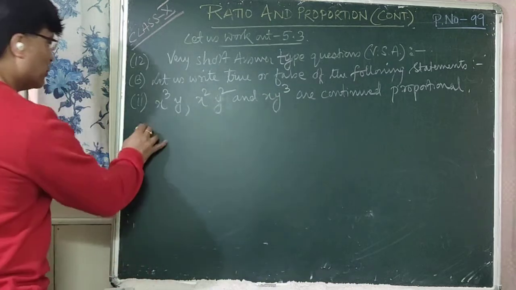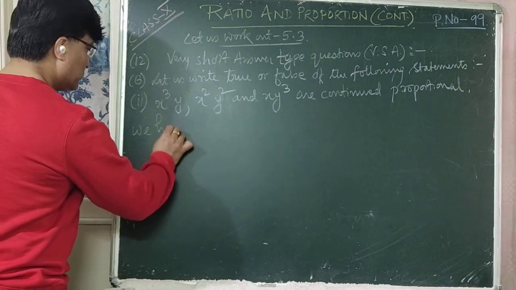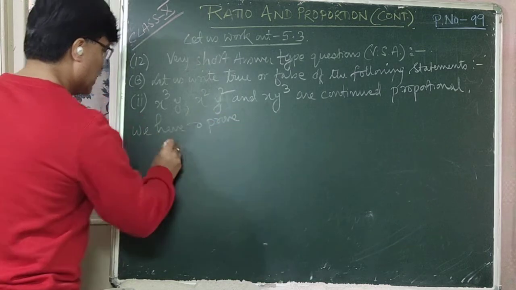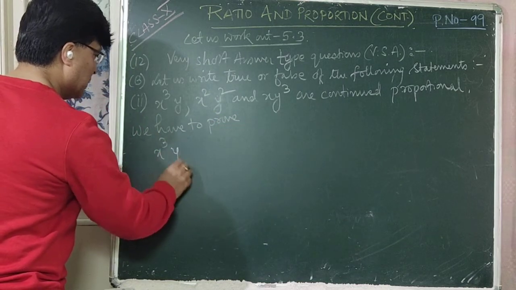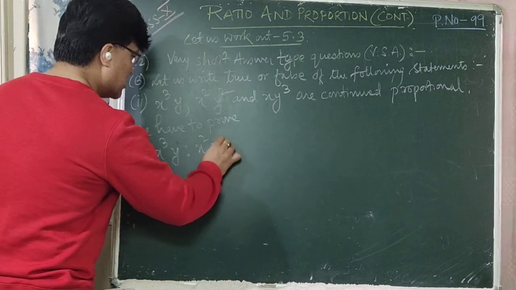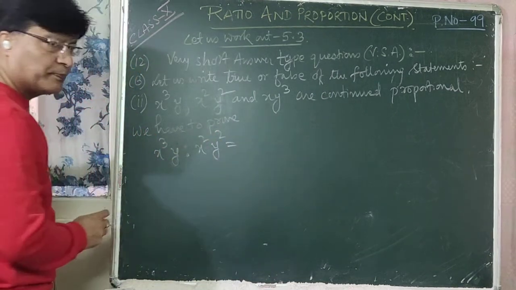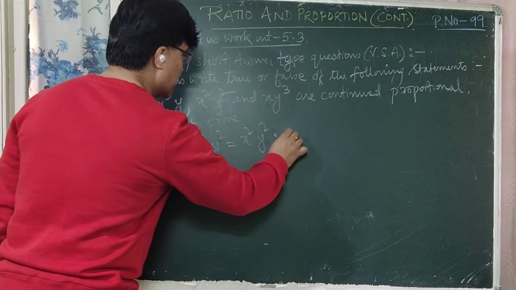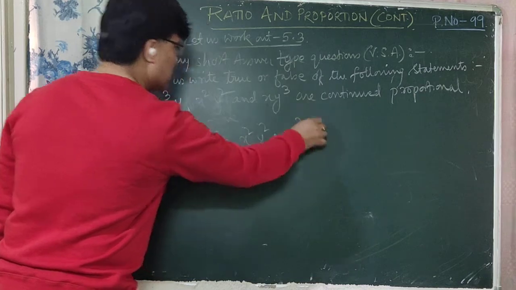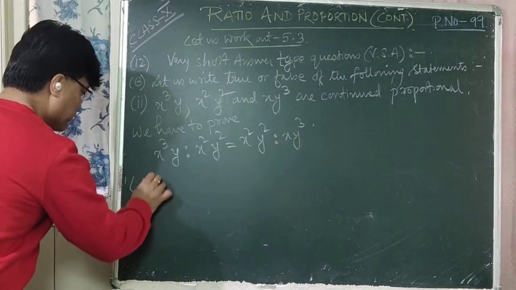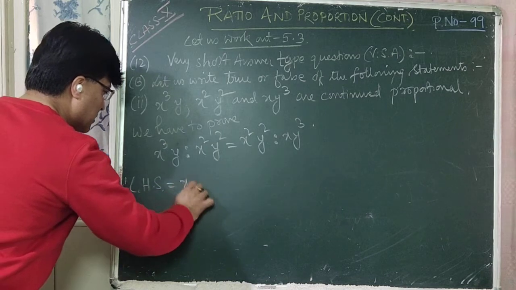Okay, so we have to prove here x cube y is to x square y square is equal to x square y square is to what? Xy cube. Okay, so let us check the left hand side. So LHS, what is LHS here?